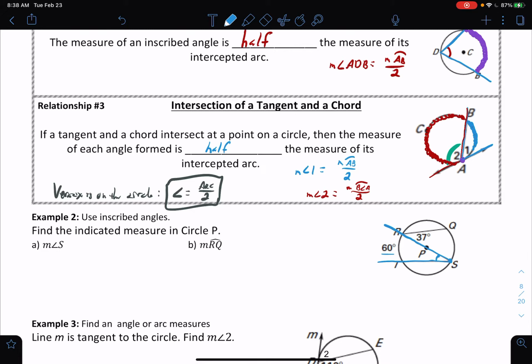So the measure of angle S is going to be half of 60, or 30 degrees, because the measure of the angle is half the arc. If we're going from an arc back to an angle, we divide by 2.